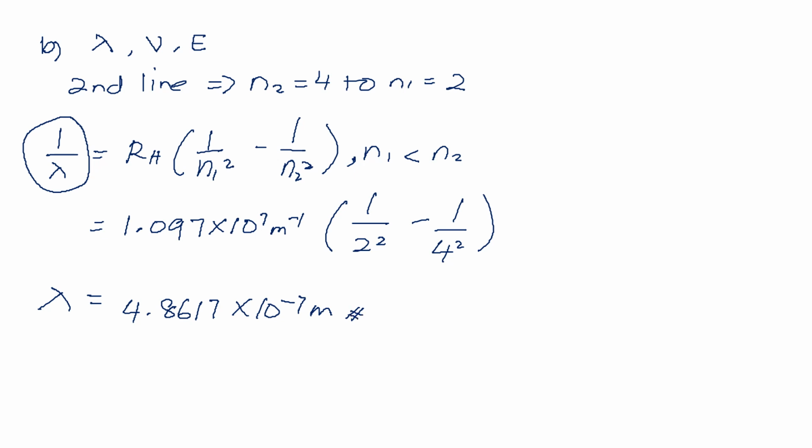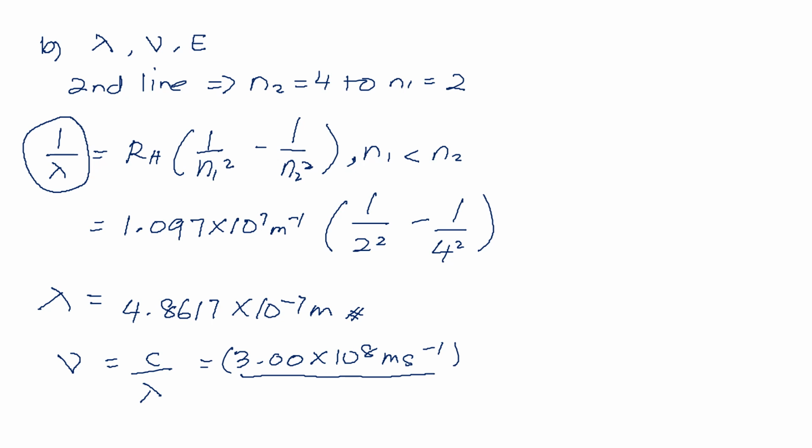Next, using the value of lambda, we can calculate the value of frequency, or nu. How to calculate the value of the frequency nu? We use the formula c over lambda. We substitute. c is the speed of light, 3.00 times 10 to the power of 8 meter per second, over the lambda value that we have calculated just now, which is 4.8617 times 10 to the power of negative 7 meter.